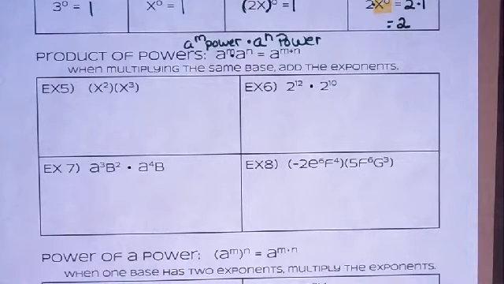Okay, now our law of exponents, remember, is just a way to shortcut doing work a long way. The laws of exponents are just a shortcut to having to do a lot of work.